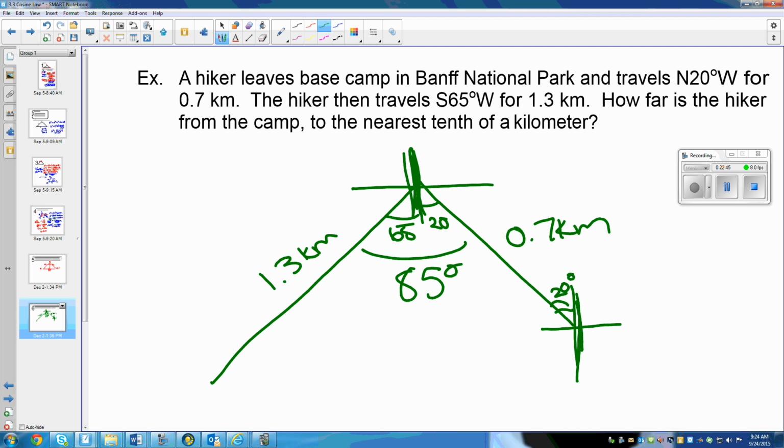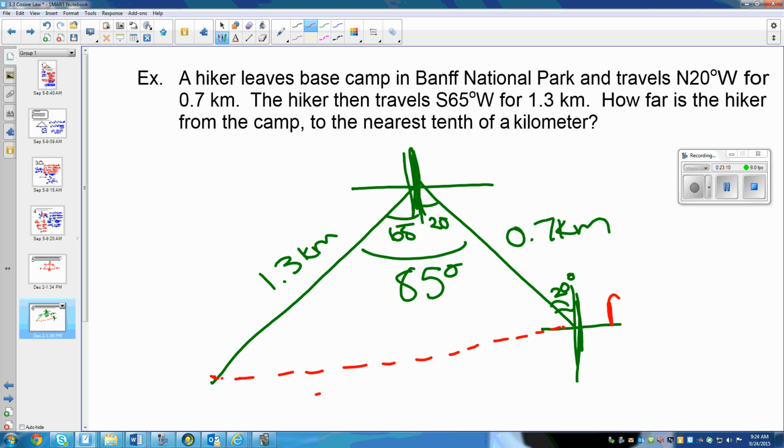And what do we have? We want to know how far the hiker is from base camp. So we want to know this distance right here. How are you solving for that distance? We have that angle, so it's going to be an unknown.